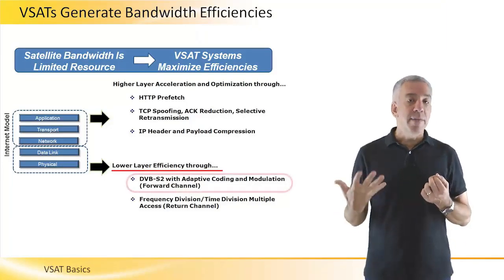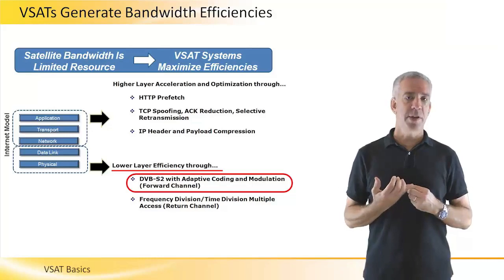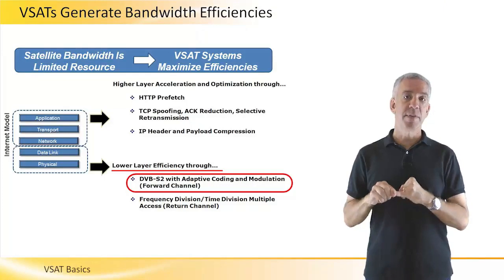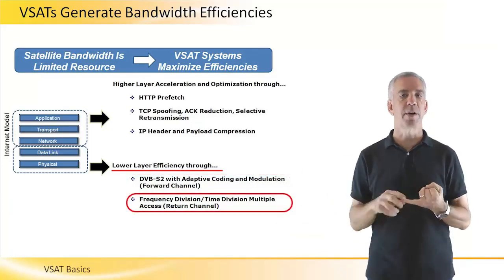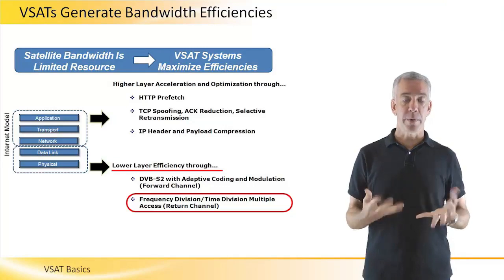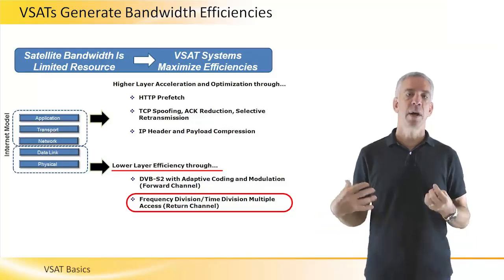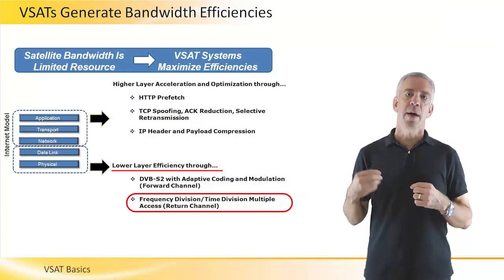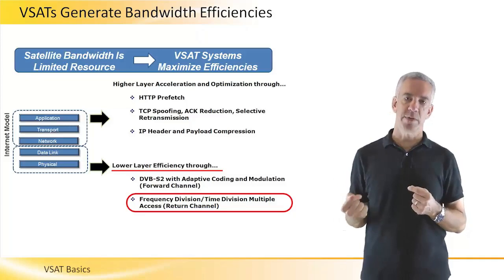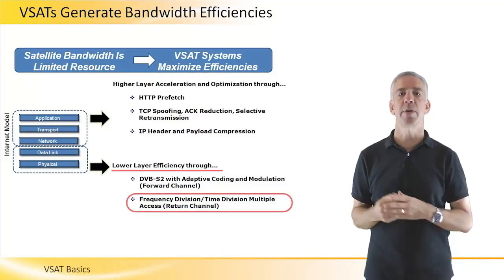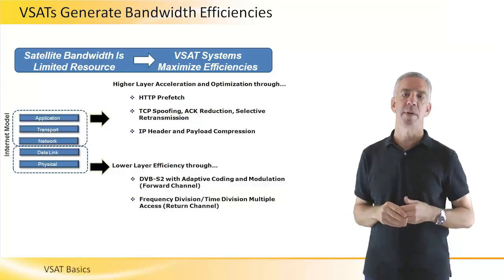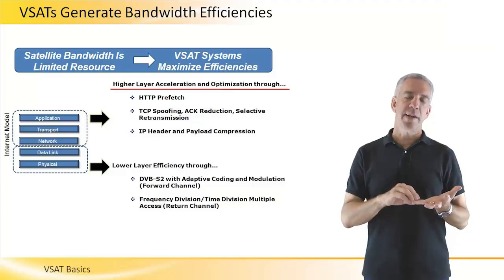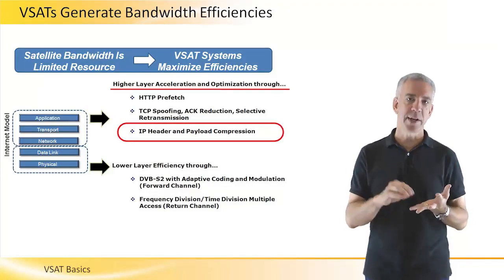This is where DVB-S2 with adaptive coding and modulation on the forward channel, or the channel to the remote, generates physical level efficiencies, and the same on the return channel where the FDMA, TDMA, frequency division, time division multiple access, these return channel access techniques are implemented to effectively multiplex many remote stations together into the same frequency. That's low level efficiencies. At the upper layers of the OSI model, there are things like IP header compression, payload compression.